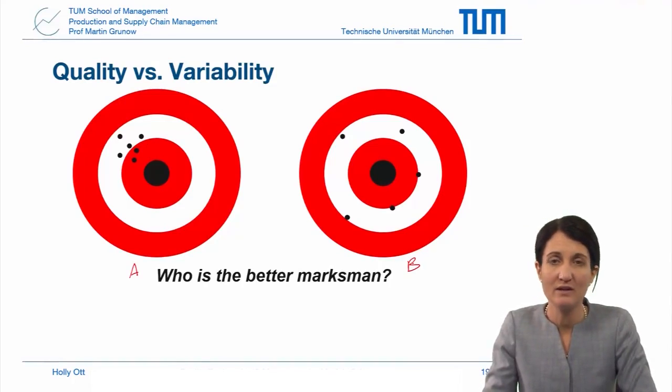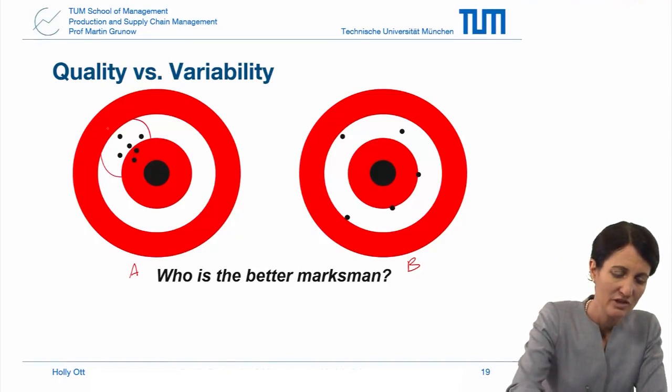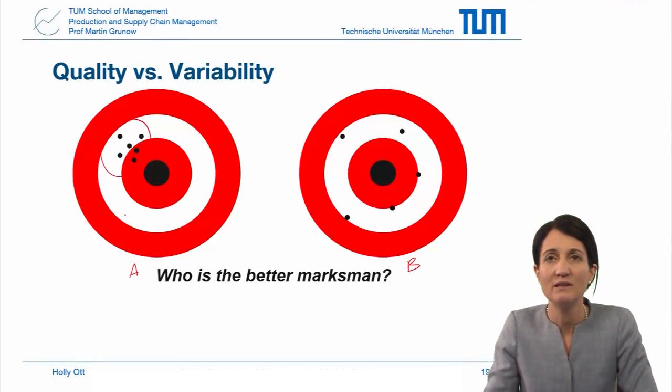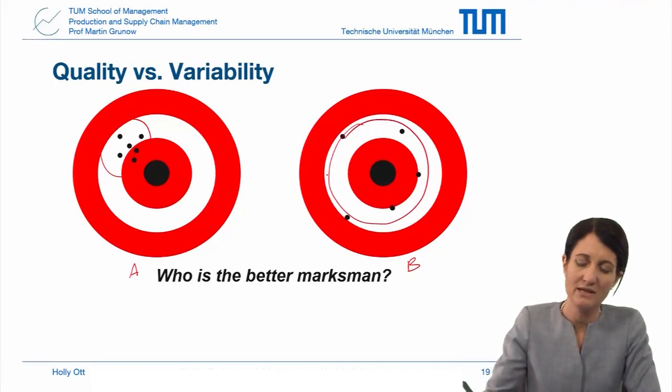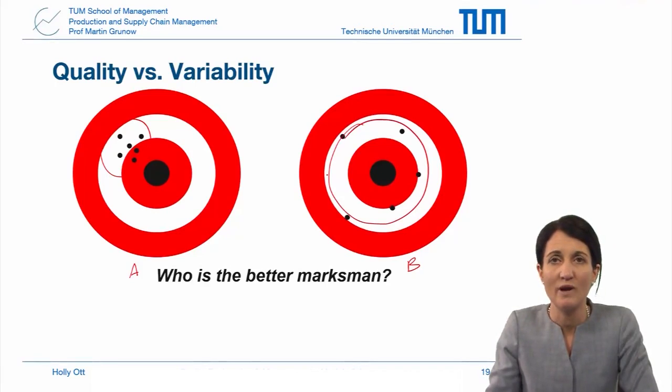The bullseye here on the left, or on A I should say, shows that we have always shots that are just off the target. While B, marksman B, is consistently shooting around the target. Which is better?